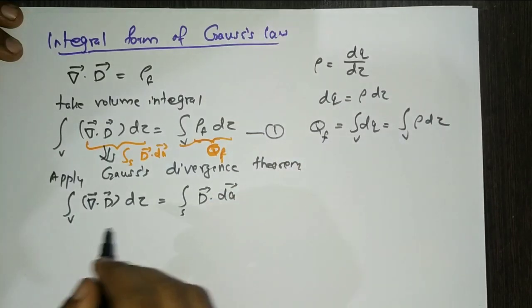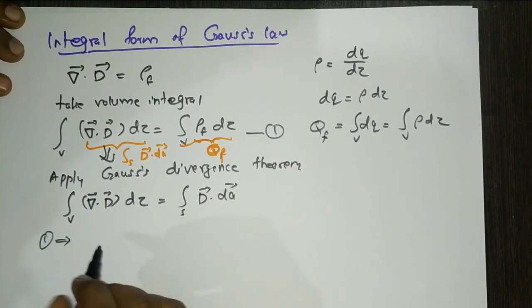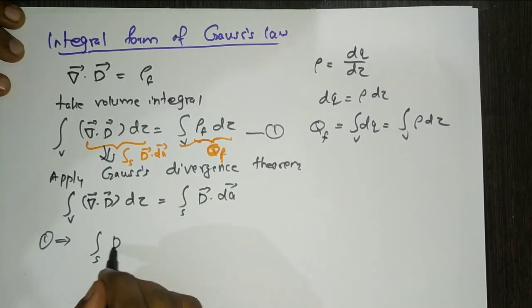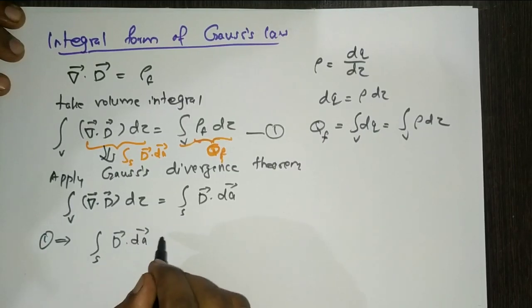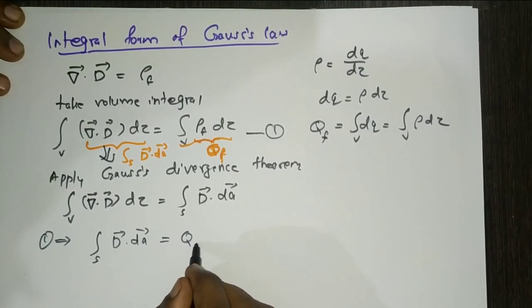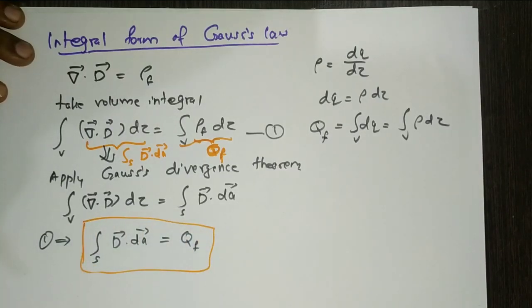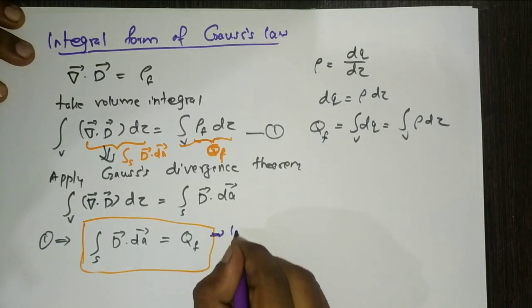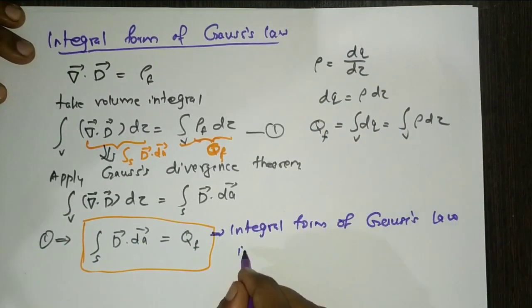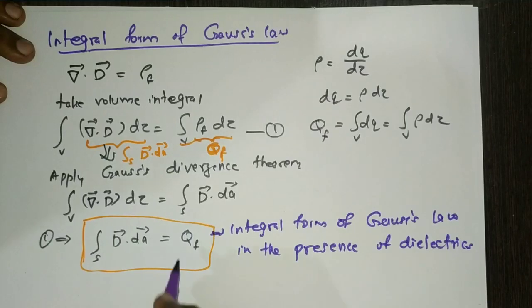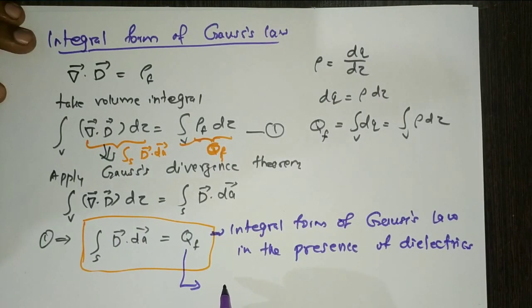If I put this as equation number 1, then equation number 1 can be written as the surface integral D dot dA is equal to Qf. This is the integral form of Gauss's law, where Qf is the total free charge enclosed in the volume.